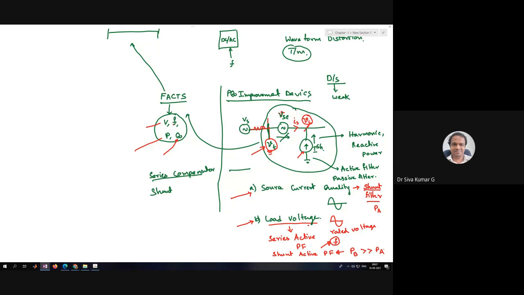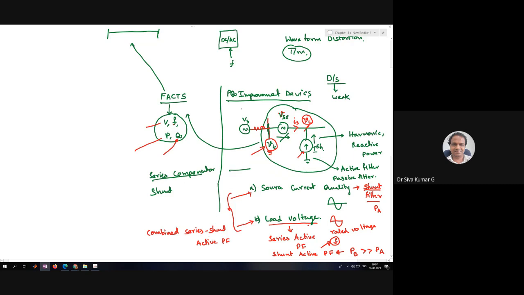We have another device, the combined series and shunt active power filter. This device is used for simultaneous improvement of the source current quality as well as the load voltage quality.